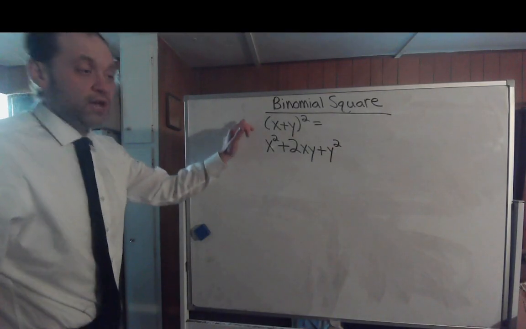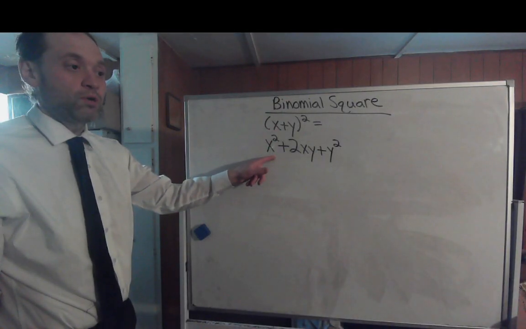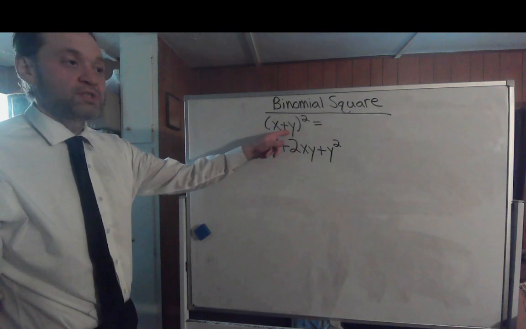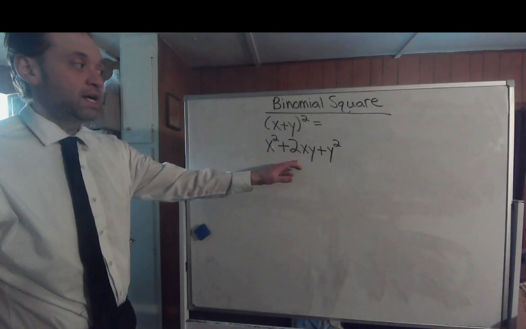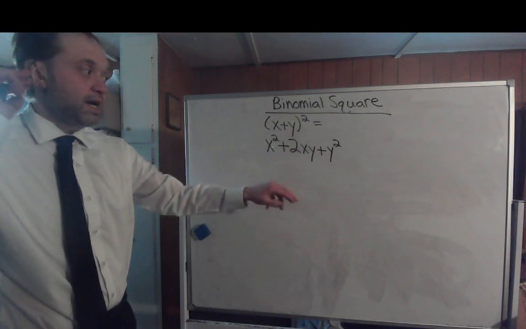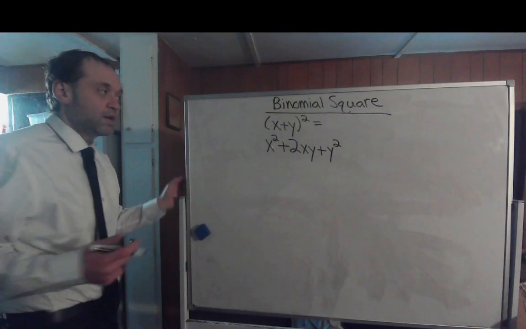So if you have a binomial squared, you take your first term and raise it to the second power, plus you'll take your two terms, multiply them together, multiply them by 2, which would give you 2xy. Then one more plus, you'll take your last term and raise it to the second power. So this would give you x squared plus 2xy plus y squared.